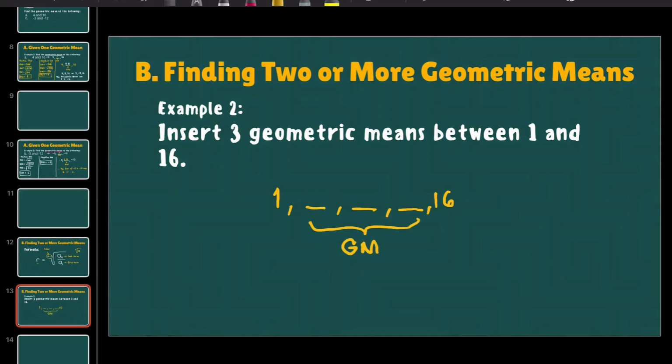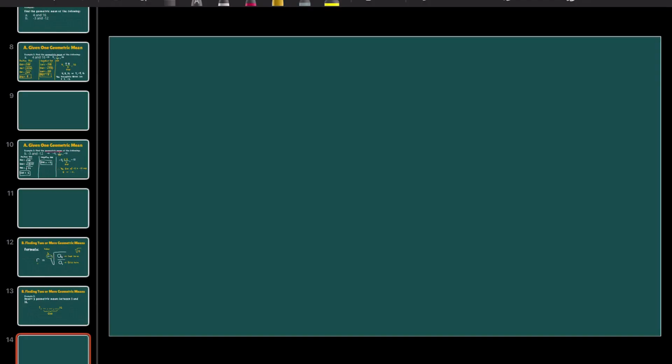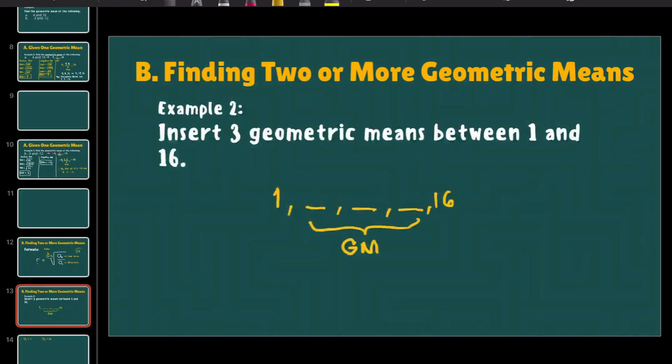Okay? So, now let us solve that using the formula. So, solve natin. We have 1. A sub 1 natin will be 1. And A sub n natin ay 16. Ngayon, kung titignan natin yan, bilangin natin kung ilan lahat ang terms natin in this sequence.